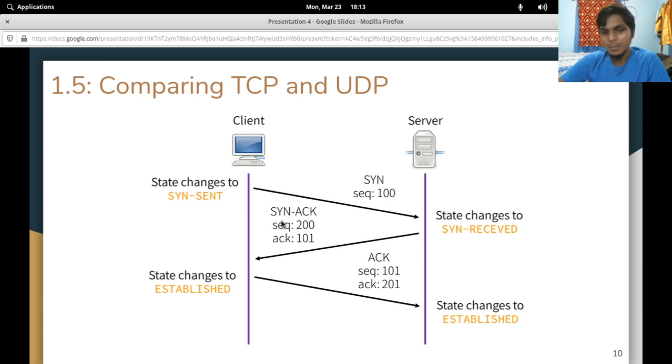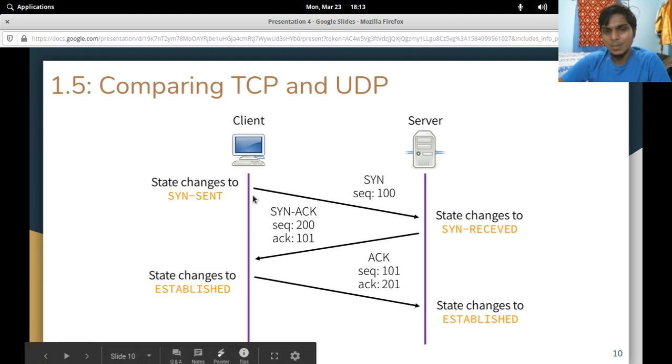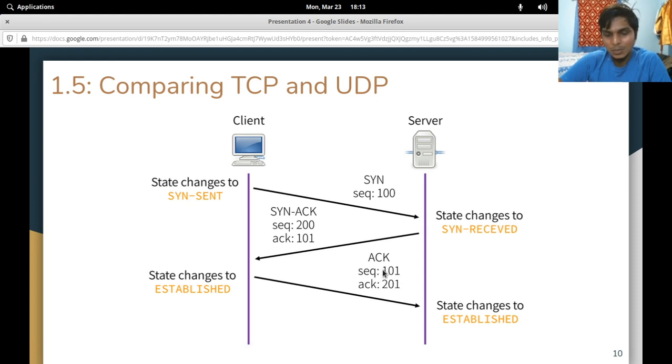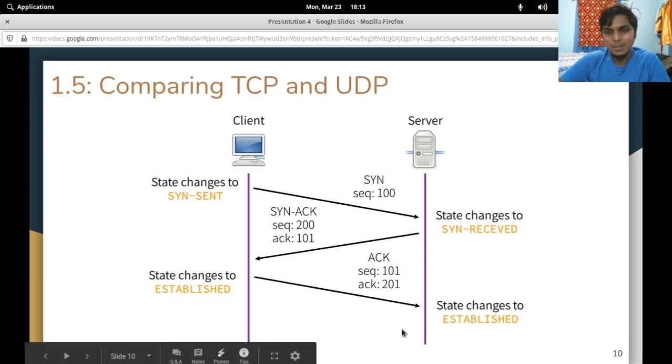At the same time, they are sending their own sequence number, which doesn't need to line up with the client sequence number at all. And then, of course, the server needs to know that the client got that sequence number. So the client will send an ACK for the number just above it, using his own sequence number, which is 101, because he used 100 in his last message. And you see after that, his state changes to established.